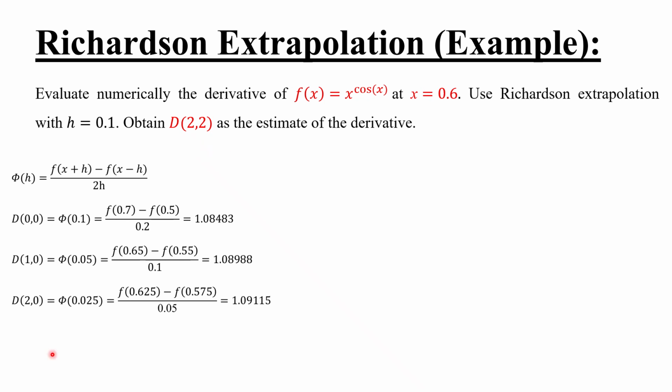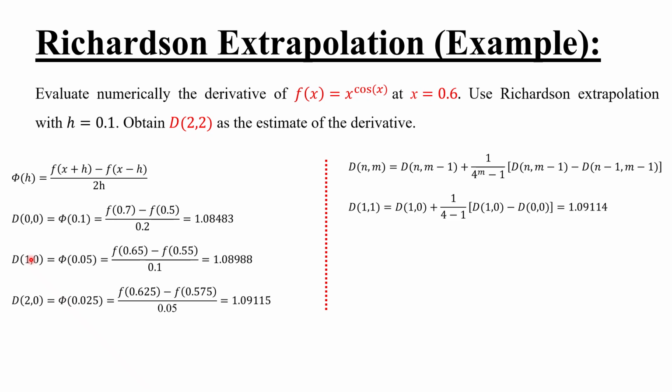Now how do we use that? Instead of remembering the technique, we come up with a generalized formula. So this is the formula for D(n,m). You put the values from here, n is 2, m is 2, just plug in these values and use them to calculate it. So it's very easy. If we have this formula, we can easily calculate the Richardson differentiation. We just plug in D11 and we come up with this result.